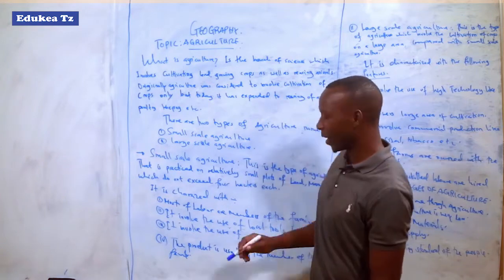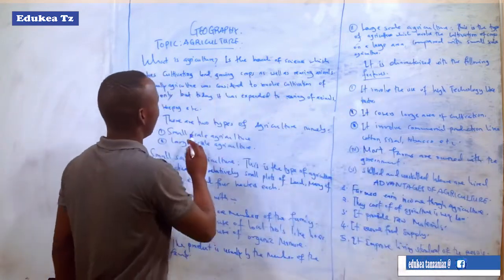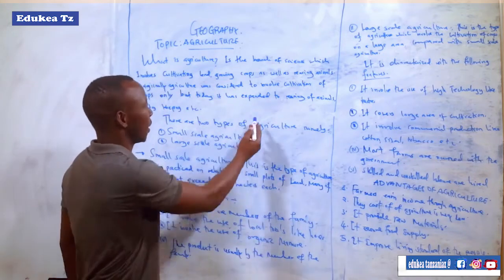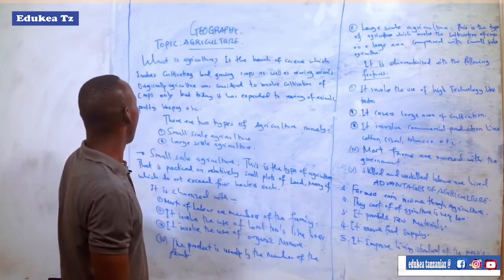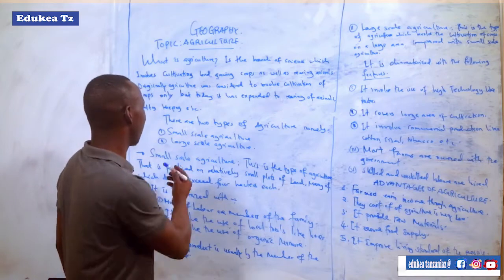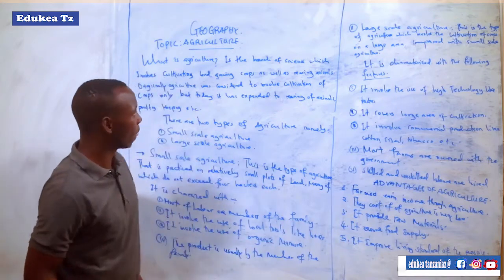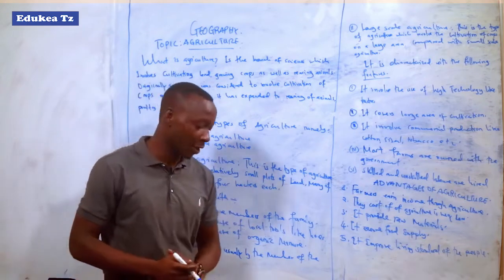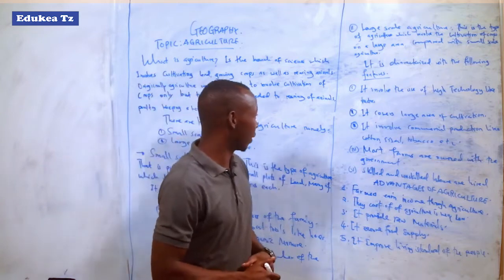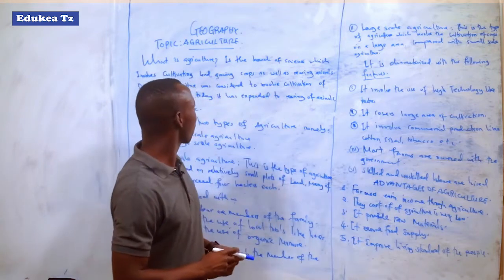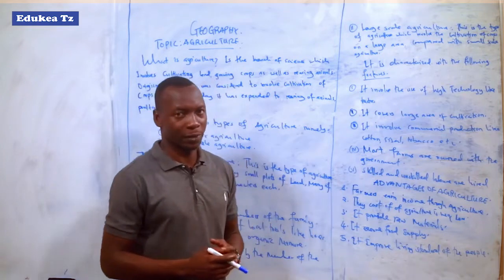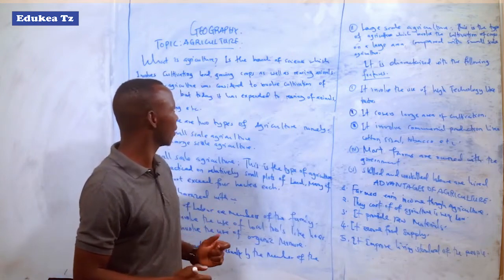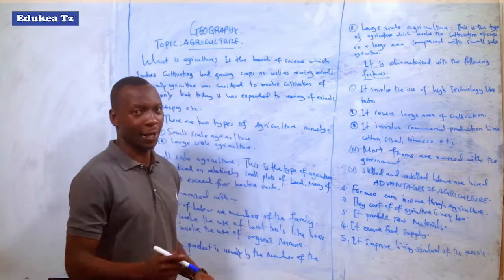Agriculture was originally considered to involve the cultivation of crops only, but today it has expanded to rearing of animals, keeping, etc. By that time, agriculture involved the cultivation of lands, and that cultivation involved the growing of crops, as I have said before, like cotton, sisal, maize, tea, coffee, and other crops.